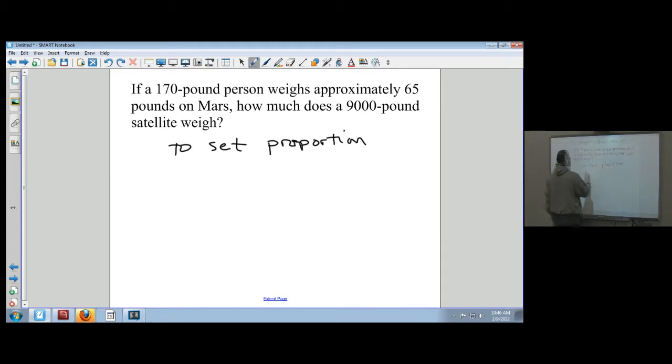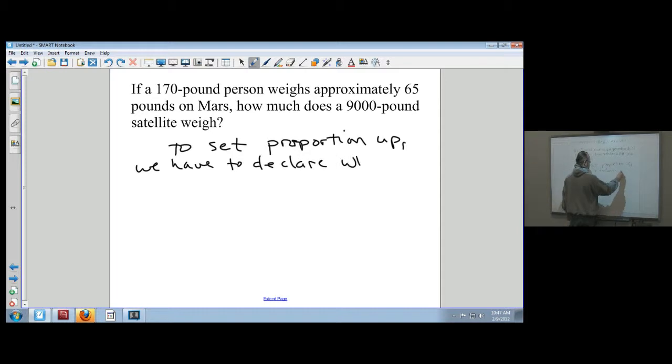To set a proportion up, we have to declare what we are comparing.